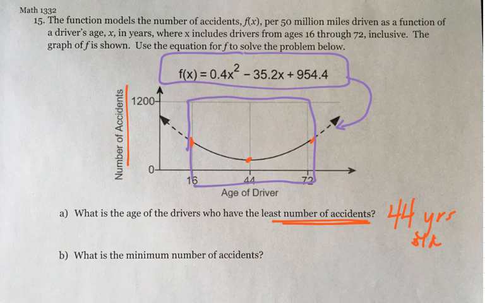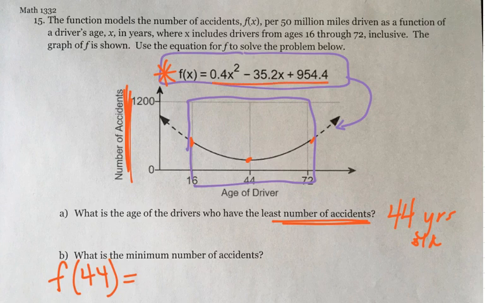What is the minimum number of accidents? In order to figure that out, we have to use the function. We're asking how many actual accidents do 44-year-olds have? And so that is our f of x value. That is our output. So we need to find out what is f of 44. Which means that in our function here, we need to replace all of the x values with the number 44.